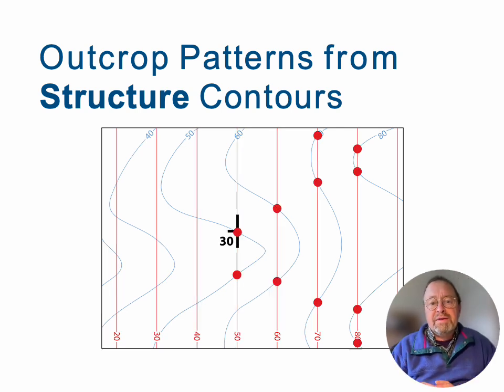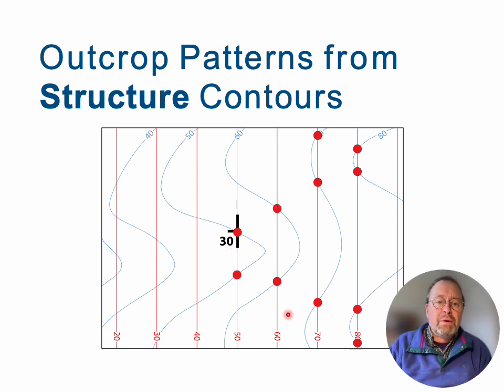So if we then see where these intersect the topographic contours, these 2 dots here show where the 50-meter contour reaches the 50-meter topography, right? And likewise here, this is where the 60-meter contour reaches the 60-meter topography.